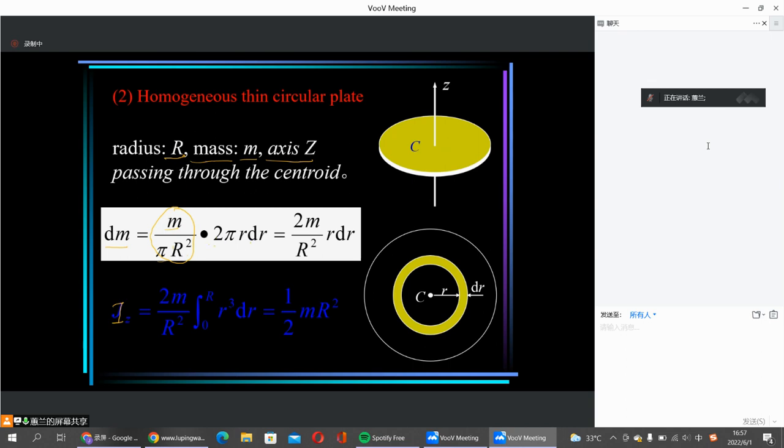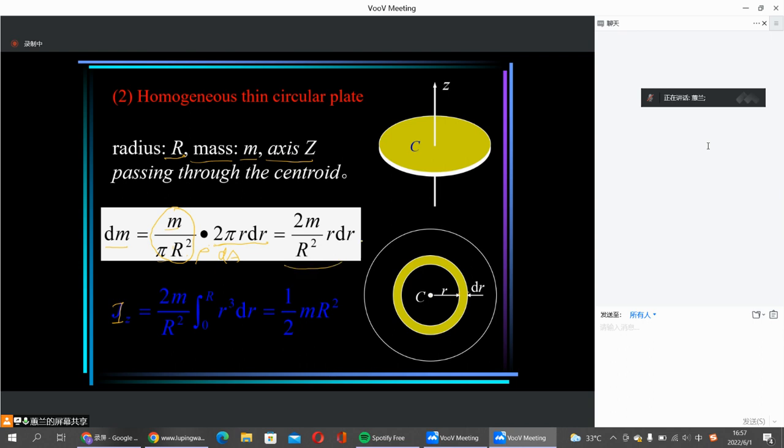And then this one, what does this one mean? This one is actually the density times the volume. Volume, because here is 2D, so it's area, right? The area will equal to 2 pi r dr. R is the distance to the center mass, and dr is the thickness of the circular ring.